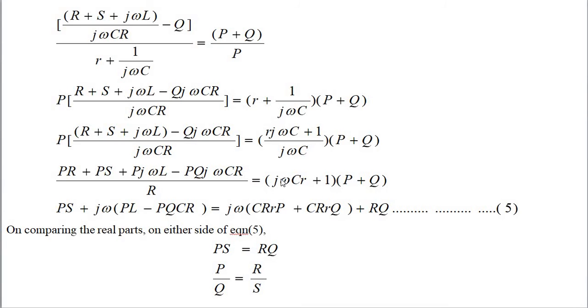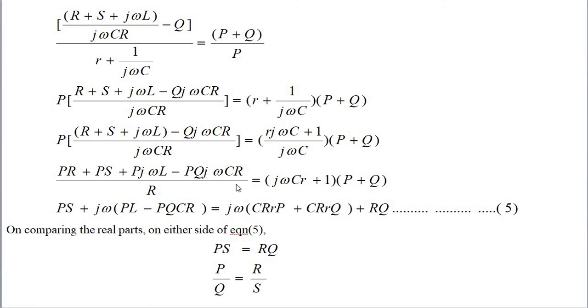j omega is common. When we multiply this with P, there is a j omega. When we multiply this with Q, there is also j omega. So when we are considering these two terms, j omega CR into P, j omega CR into Q, j omega common outside, so that is equal to C, that is CR.